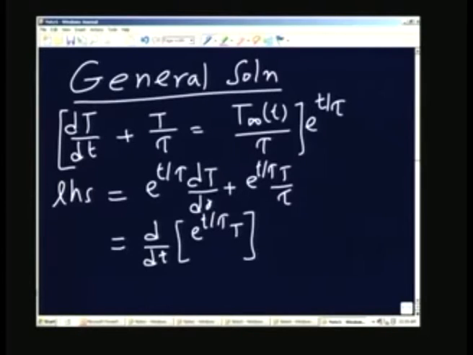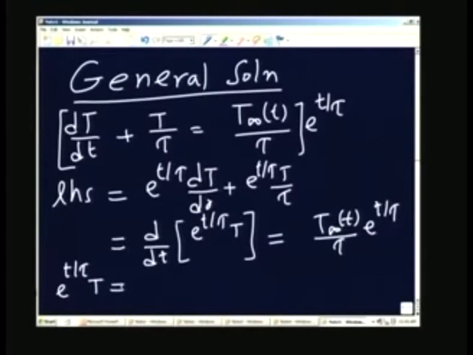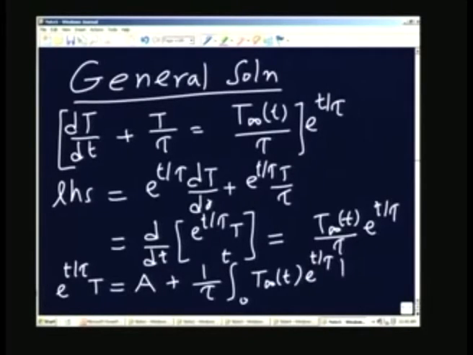You can verify that. So, the right hand side is then T infinity by tau multiplied by e to the power of t by tau, and all I have to do is to integrate it once. If I integrate, I will get e to the power of t by tau multiplied by T is equal to some constant of integration, I will say it is A, plus 1 over tau, since tau is a constant I will just take it outside, integral 0 to t of T infinity, which is a given function of time, e to the power of t by tau dt.